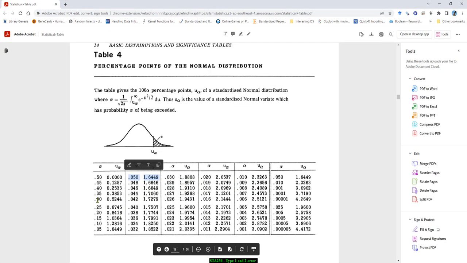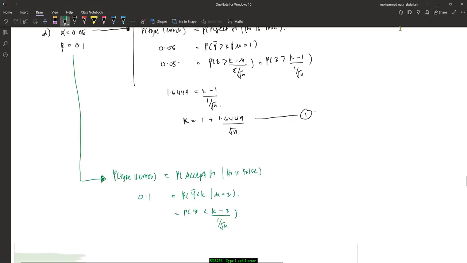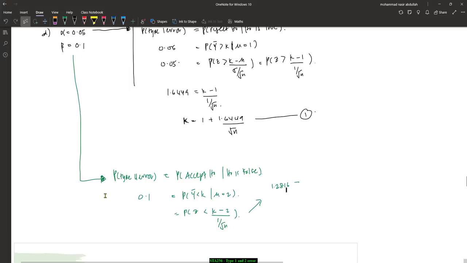In the statistical table, this should be equal to negative 1.2816, right? So here, 1.2816. Should be equal to k minus 2 over 1 over square root of n.